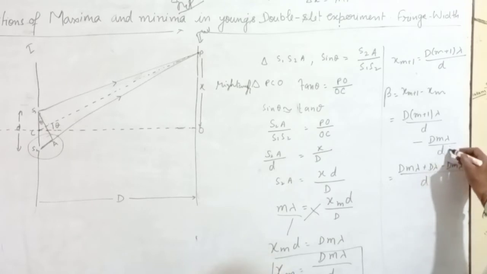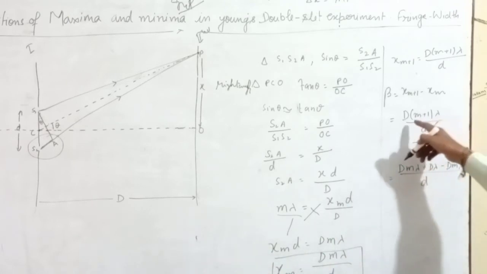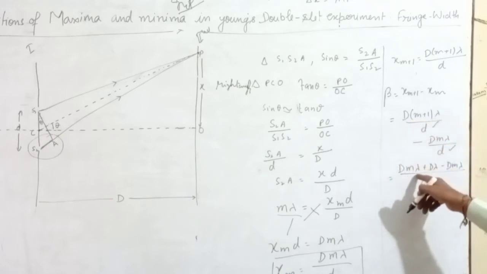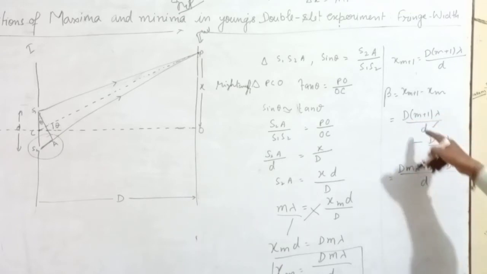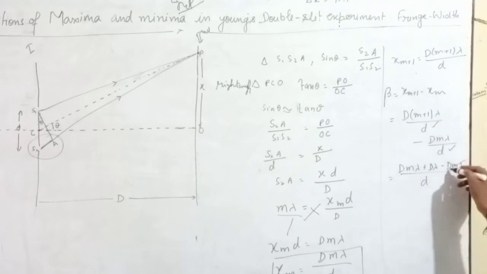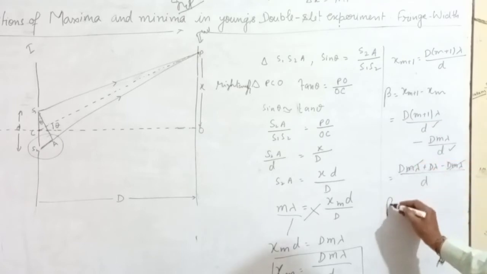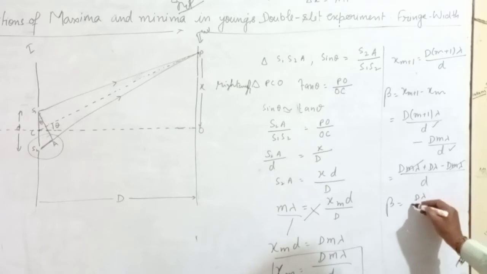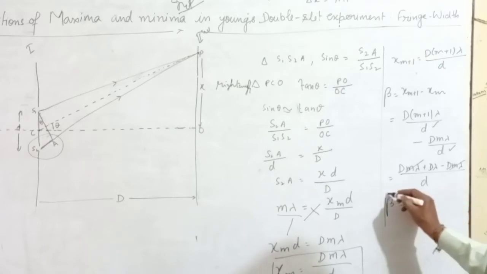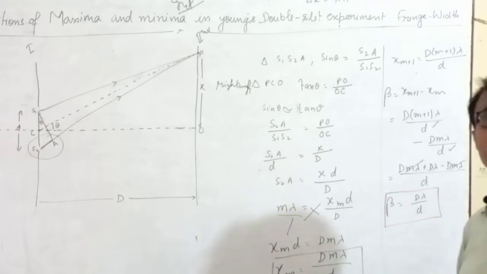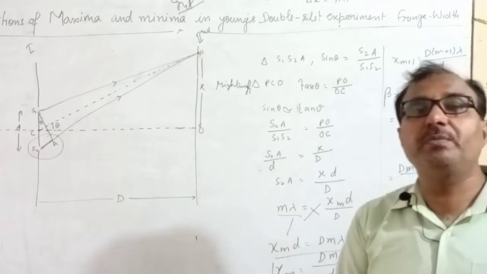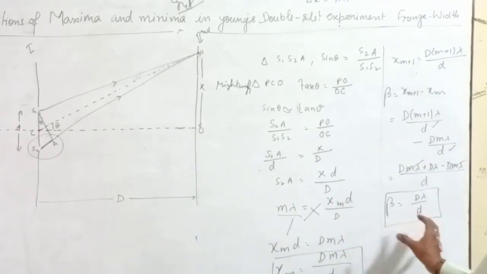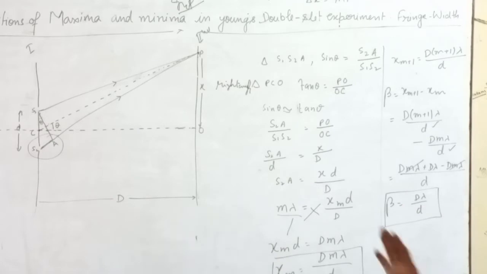The distance between two bright fringes is known as fringe breadth. So we found the fringe breadth for bright fringes.